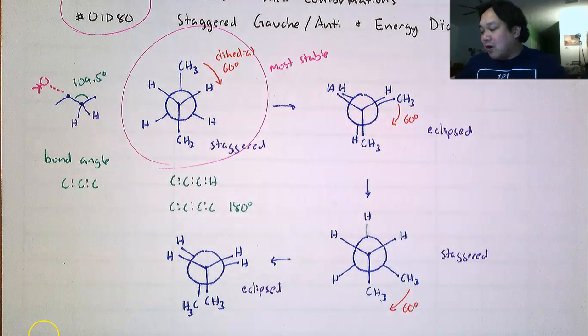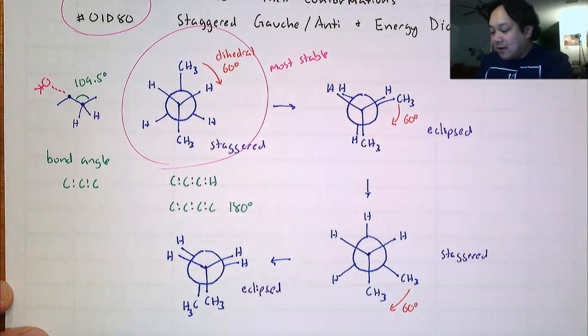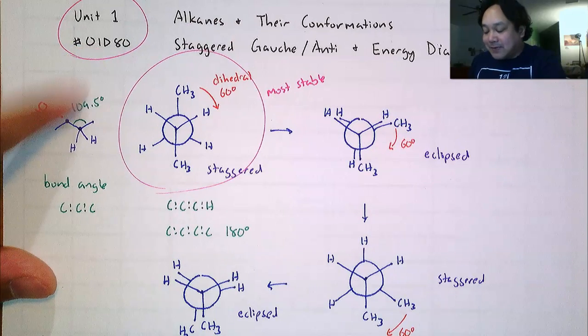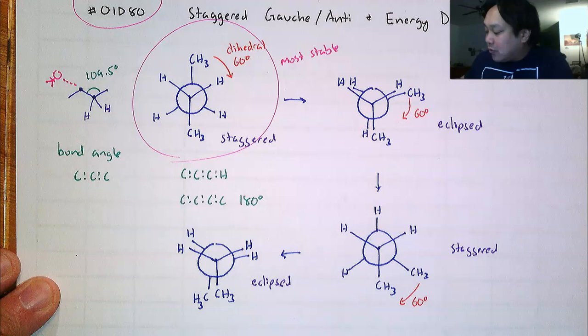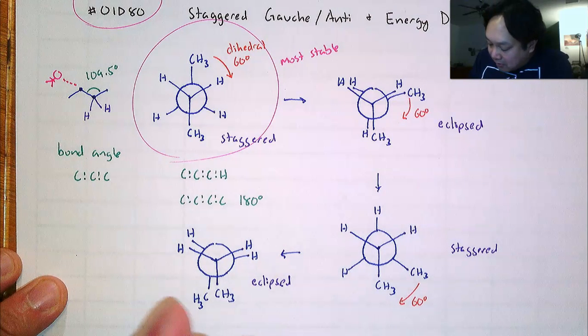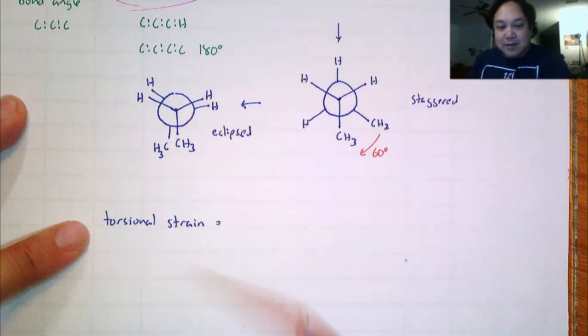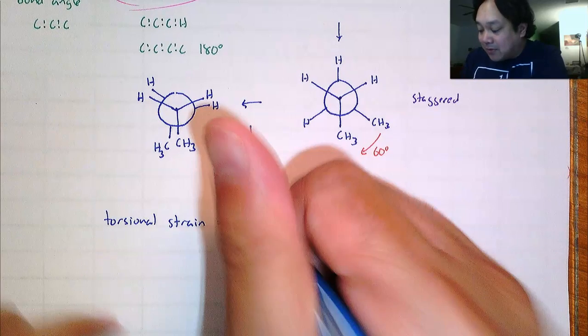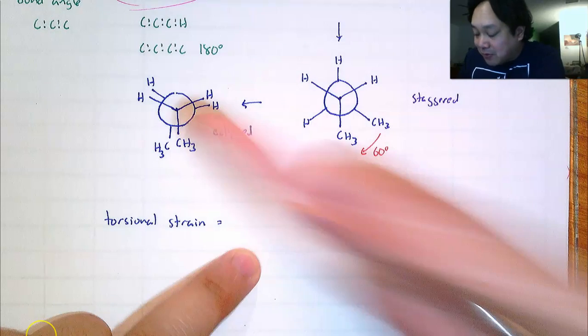Okay, what do we call it? You know, before, in our previous video, we discussed torsional strain. And torsional strain is strain that's felt by the molecule when bonds are close together because we have electron repulsion.